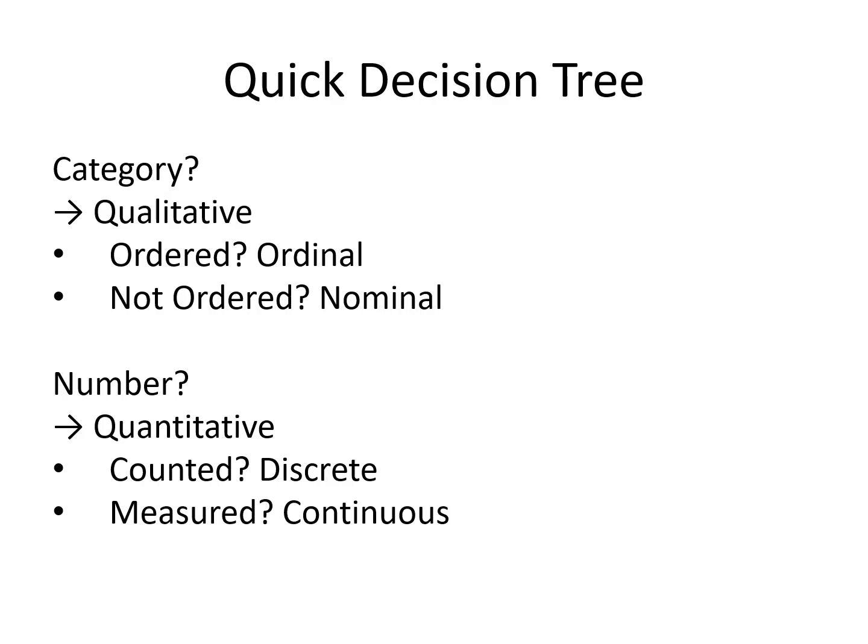Now let's put everything together. When you encounter a variable, ask these questions in order. First, is it a category or a number? If it is a category, it is qualitative. Then ask, does it have a natural order?